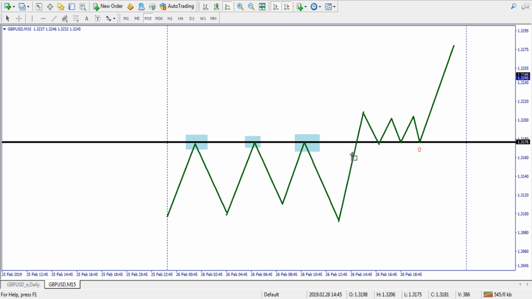You will not find this level being broken by small candles. Something like this is highly unlikely, that the price goes up in small bits. Normally a genuine breakout does not happen like this. You'll find that it happens with one big candle.